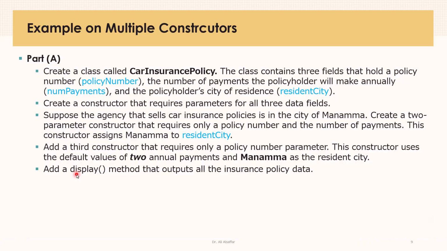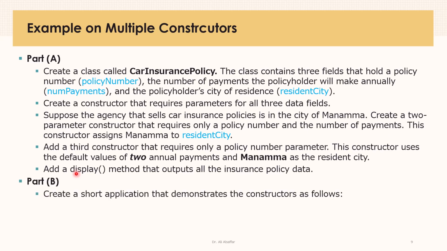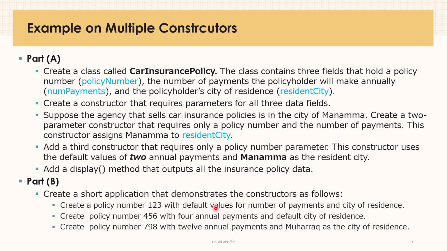We have finished writing the contents of the class. Now is the time to write a short application that demonstrates the constructors as follows. We will create 3 objects. The first object we will create for a policy that we know only the policy number, and we will keep the number of payments and city of residence with their default values.